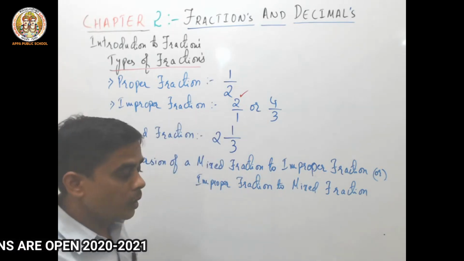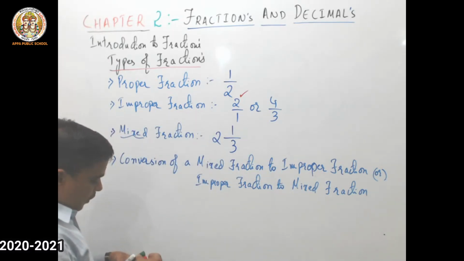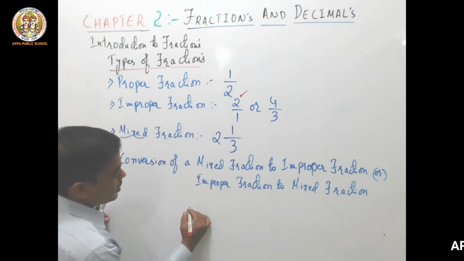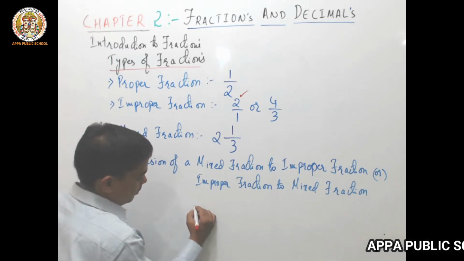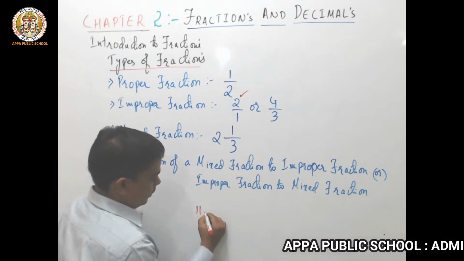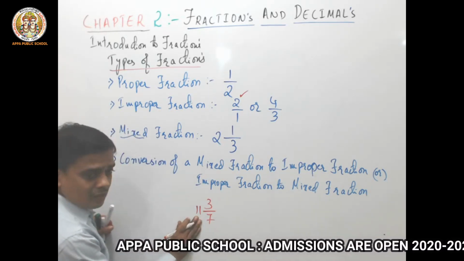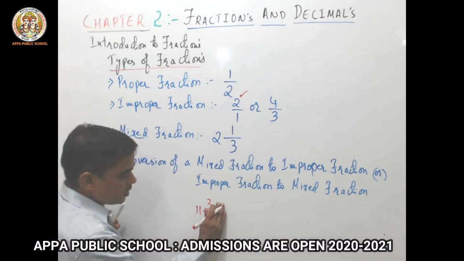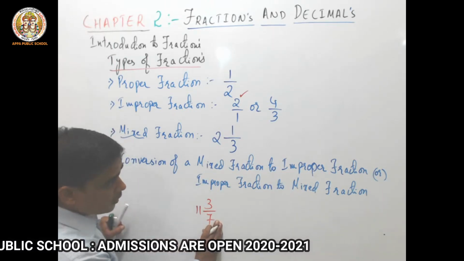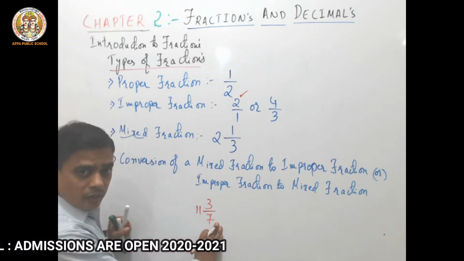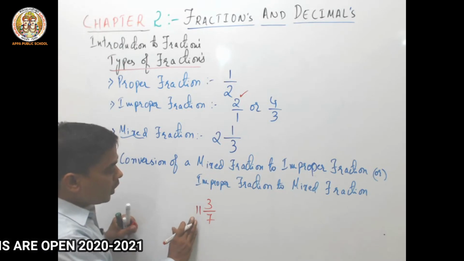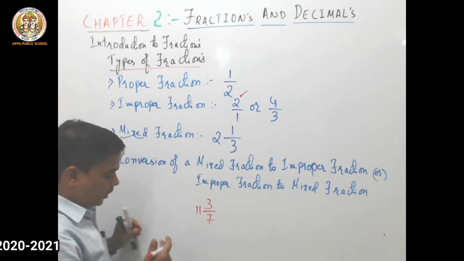So how to convert a mixed fraction? Suppose you have a mixed fraction, I will take any number you can take, 11 with 3 by 7. So this is the integer, and this 3 by 7 is a proper fraction. So how to convert this mixed fraction into an improper fraction?